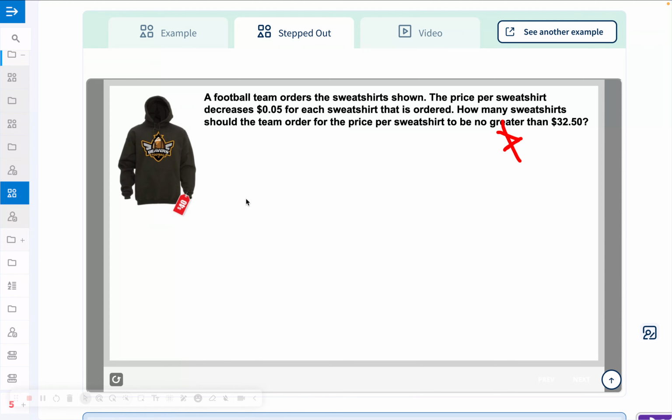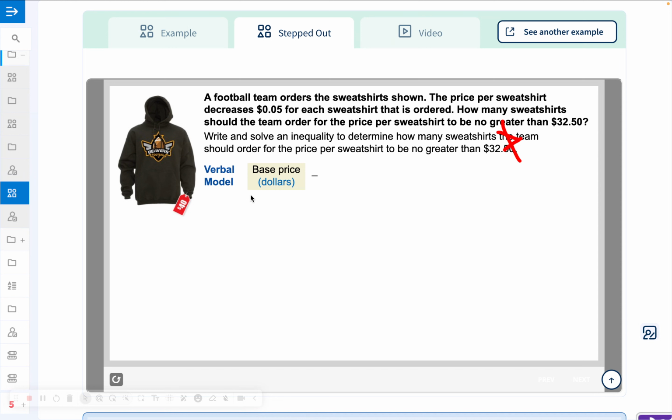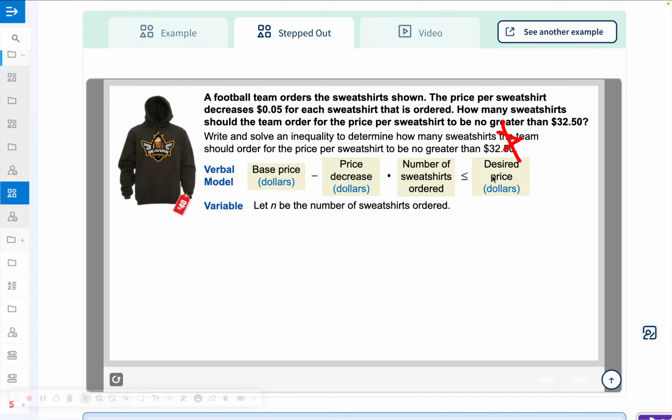Okay, so the original price over here on the sweatshirt's $40. Okay, that would be the base price. We're saving 5 cents per sweatshirt, and we want it to be no greater than, which means it's going to be less than or equal to the $32.50 that I've covered up. There it is again.